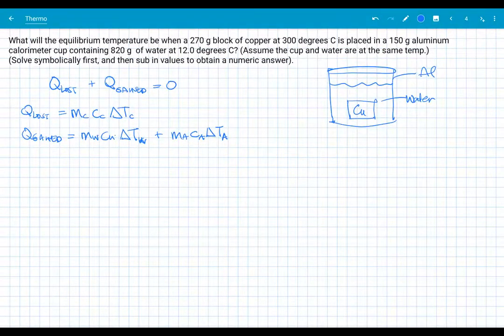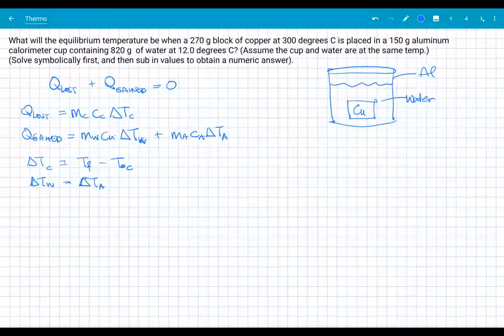So one of the things that I know here is that the delta T of copper is going to be equal, I can write that as the final temperature of the system minus the initial temperature of the copper. And the delta T of water is equal to the delta T of aluminum. They're both together, they change temperature together, they're initially together. And I can express that as the common final temperature minus the initial temperature of water and aluminum.